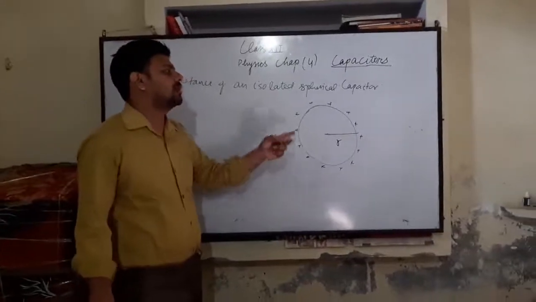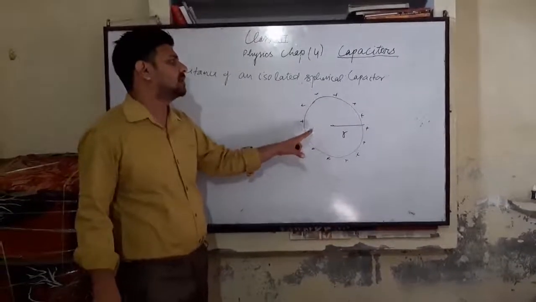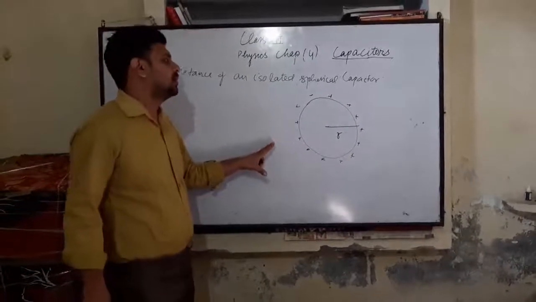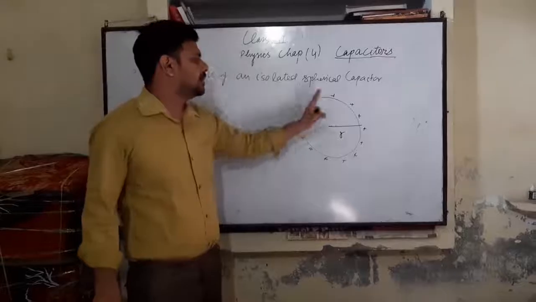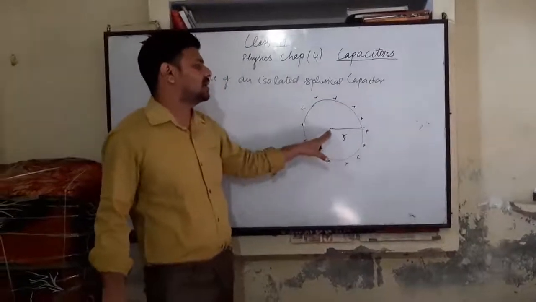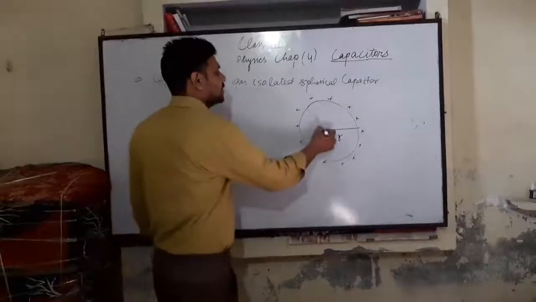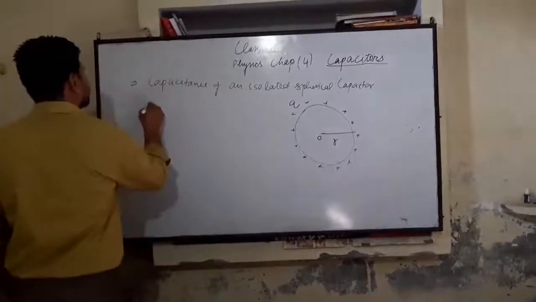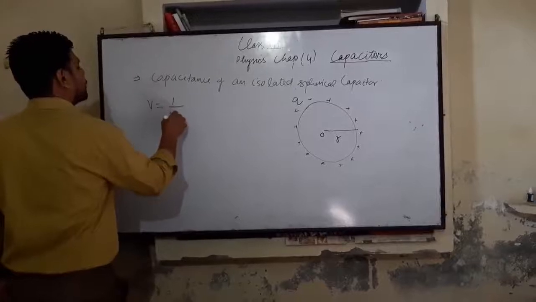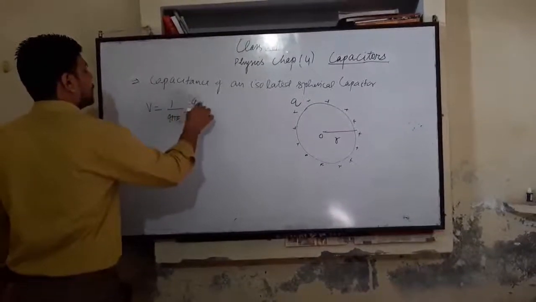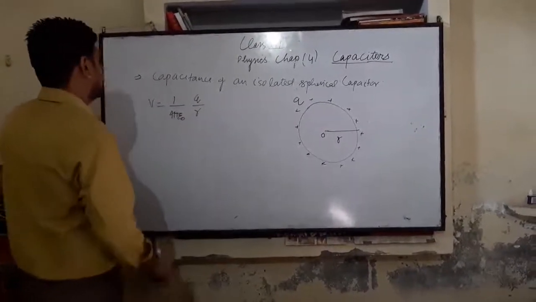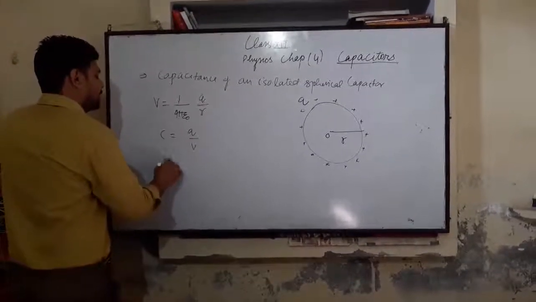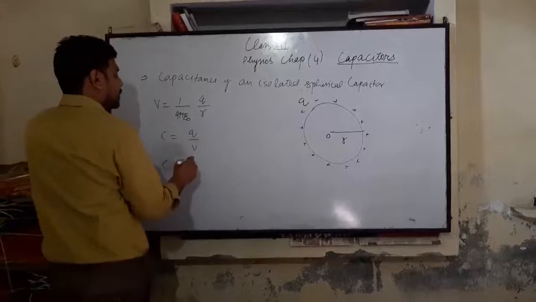So if we want to calculate the capacitance of this isolated spherical capacitor, first we have to find the potential. This charge Q can be considered as a point charge situated at the center of the sphere. So the potential due to this charge Q is given by V is equal to 1 over 4 pi epsilon naught, Q over R. Now from the formula C is equal to Q over V, simply place the value of V in this formula.